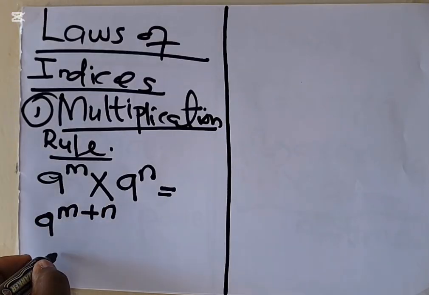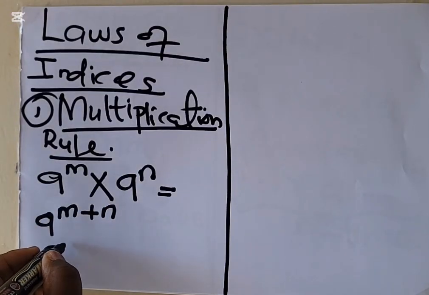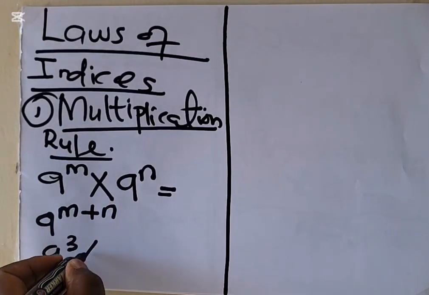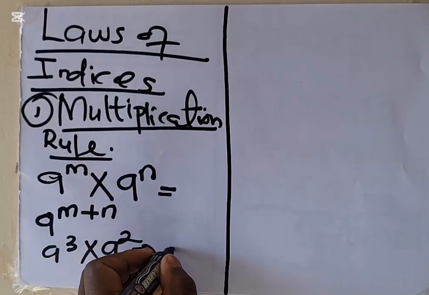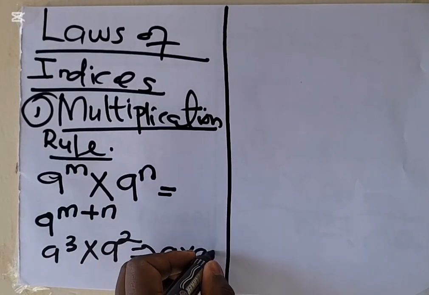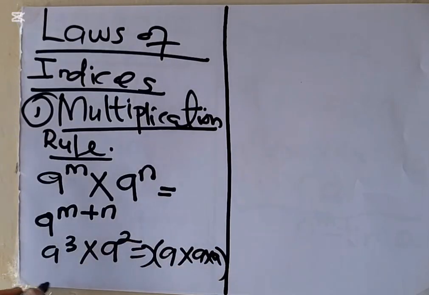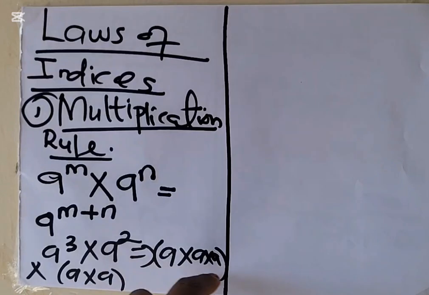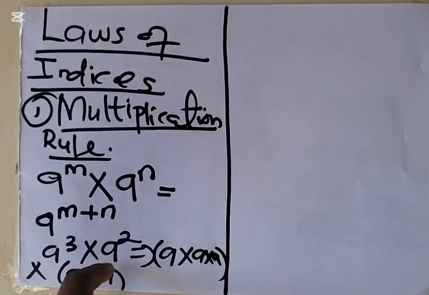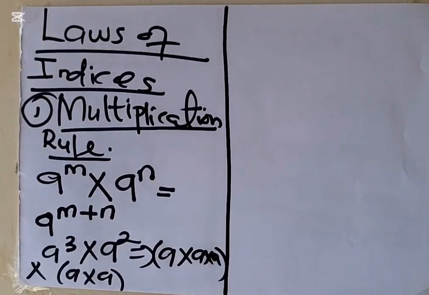So if the bases are the same, you just get the powers, then you add them. For example, A raised to 3 times A raised to 2 simply is A times A times A, then times A times A. How many A's do we have? 1, 2, 3, 4, 5.